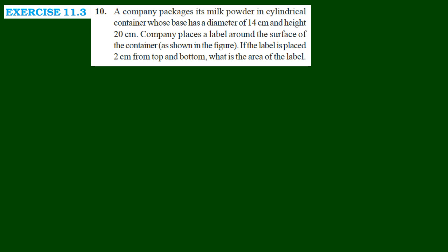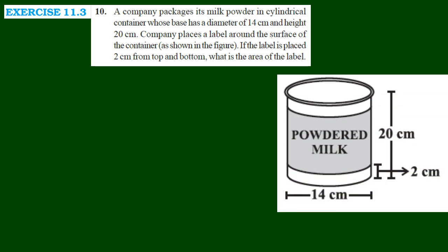A company packages its milk powder in a cylindrical container whose base has a diameter of 14 centimeter and height 20 centimeter. The company places a label around the surface of the container as shown in the figure. If the label is placed 2 centimeter from top and bottom, what is the area of the label?